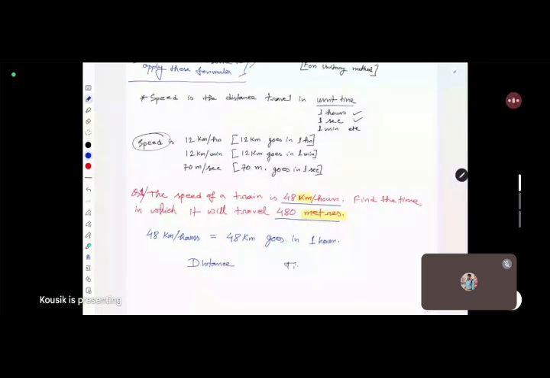time. So distance is 48 kilometer and time is given, so we should write, time is 1 hour, and the distance here is meter, 480 meter, so we should convert this also to meter, so this is 48000 meter.